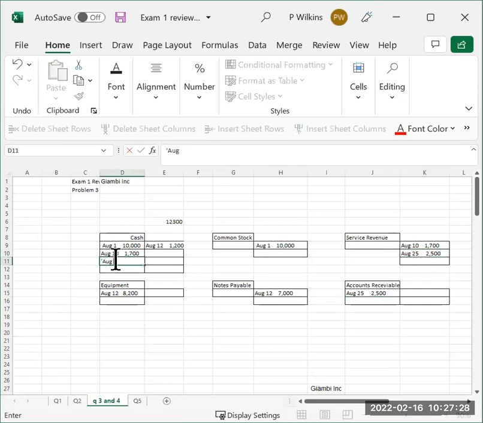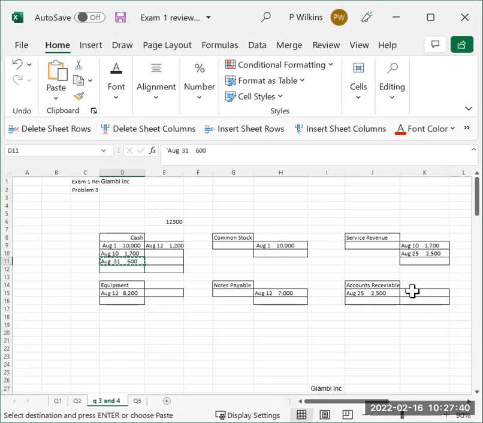The date was the 31st, and the debit to cash was $600. And then we see that it was a credit to accounts receivable for $600. So now we have all of the entries in there for the journal.